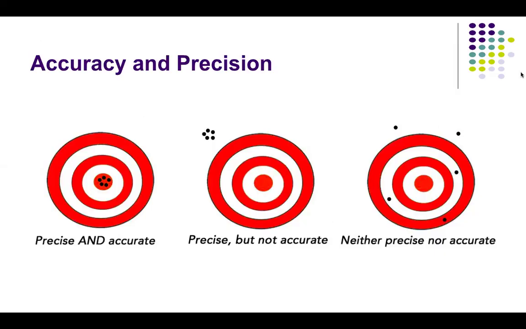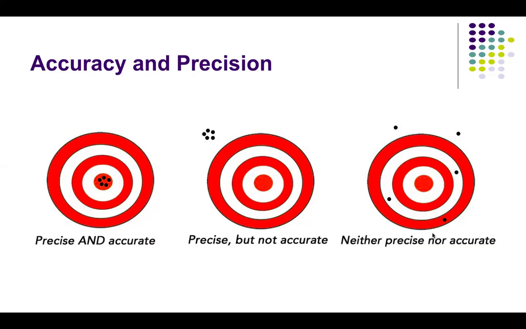Accuracy and precision. When we do analysis, of course, we want the data to be precise and accurate. When we talk about precision, we are talking about how close the data are to each other.